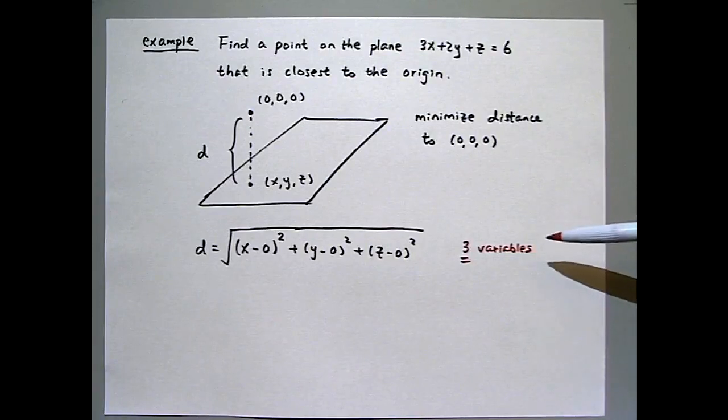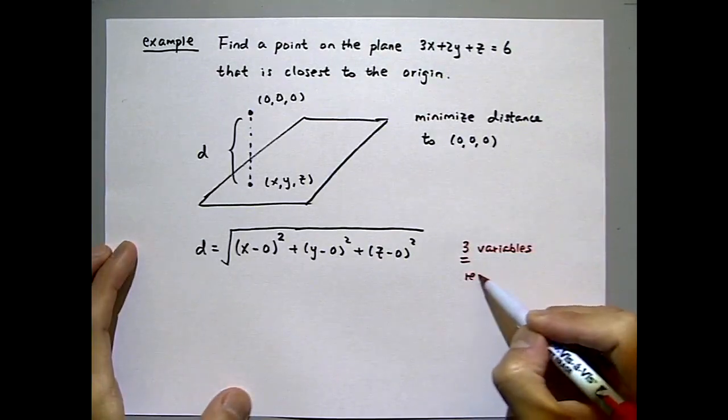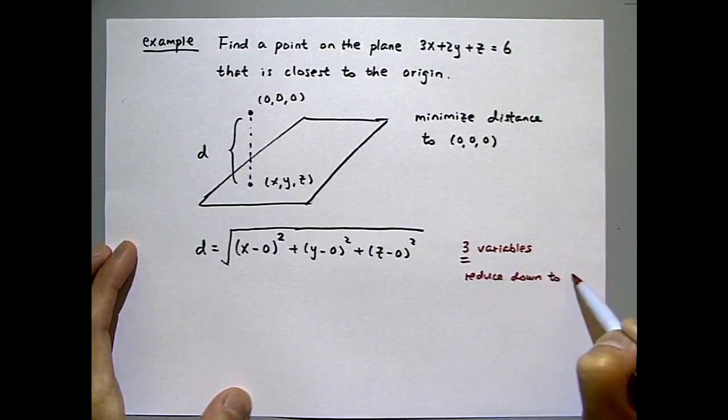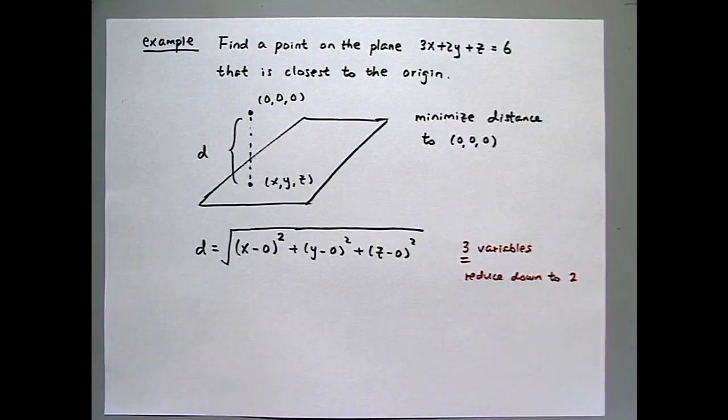So a 3-variable function is not going to be workable for us. We got to reduce down to 2. So what do you think we can do? What is something we can do to reduce this equation from 3 variables to 2 variables?